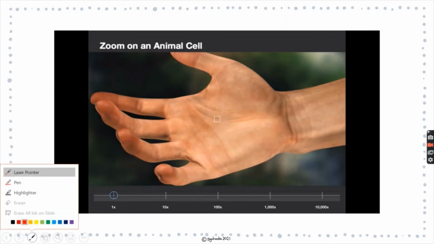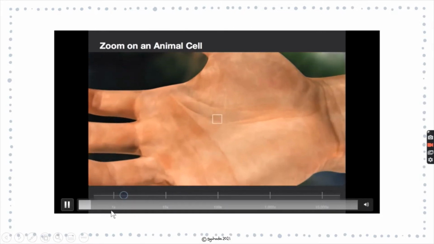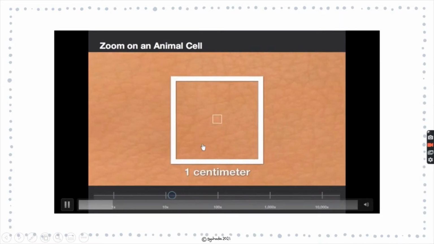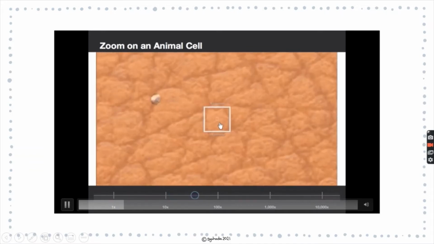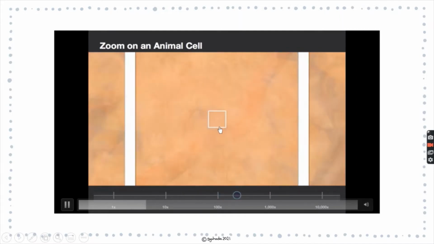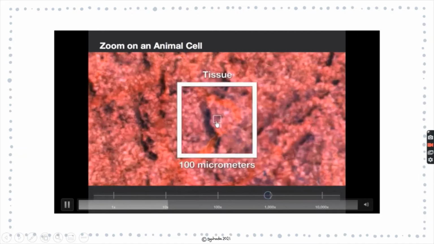So let's have a look at this video right here that zooms in on an animal cell. So this is a human being, and we belong to the animal kingdom. So let's try to zoom. This is 1 time and 10 times going in. So that's 1 centimeter and zooming in, and then you can see that you are made up of tiny bits of cells.